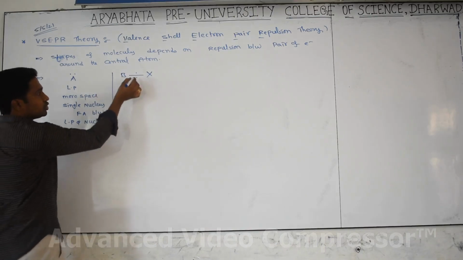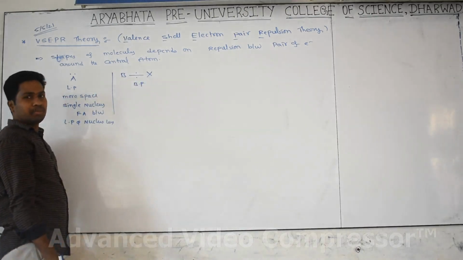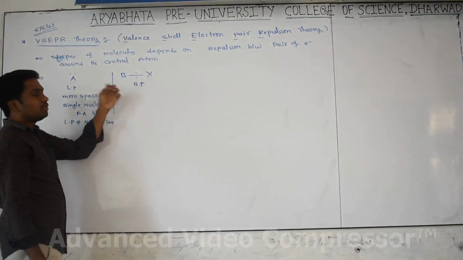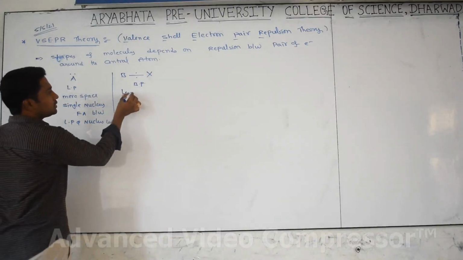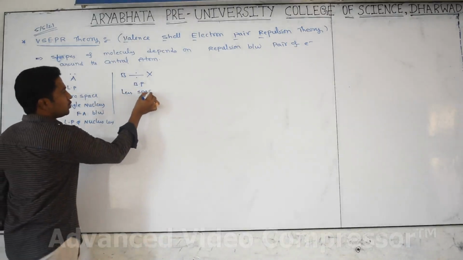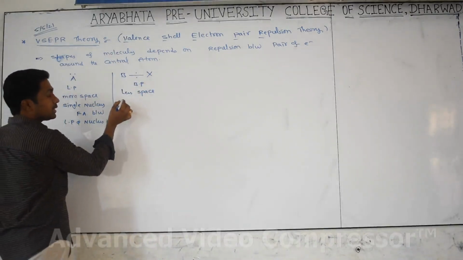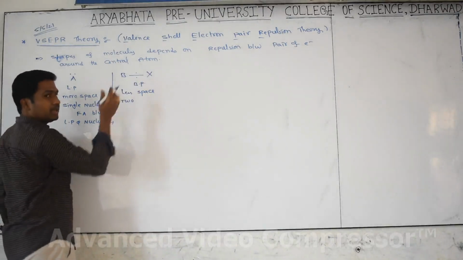Now you come to this one, it is called a bond pair. What is the meaning of bond pair? In this bond, the pair which is involved is called a bond pair. The bond pair occupies less space. Why? This bond pair is attracted by two nuclei, the B nucleus and the X nucleus.